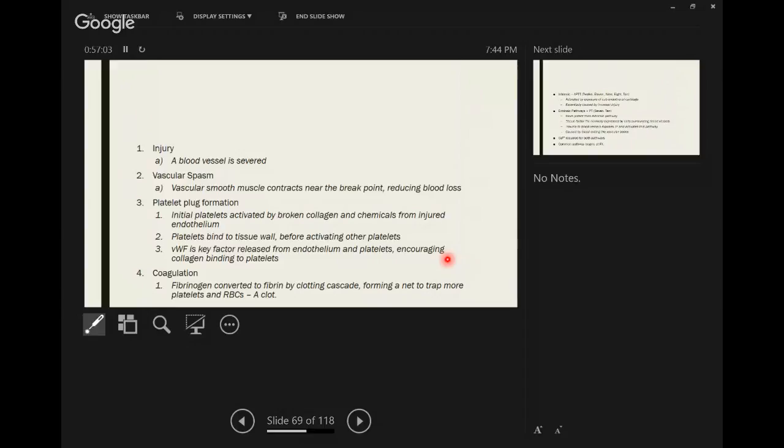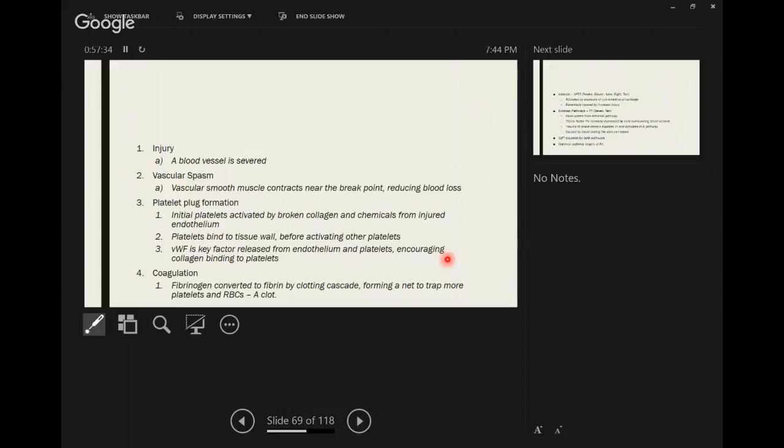Then you get platelet plug formation. Platelets are activated by broken collagen and chemicals from the injured endothelium, but also when that blood hits the outside, it very quickly triggers the extrinsic pathway, because extravascular contents contain tissue factor, and that travels back up through the blood to activate platelets as well.